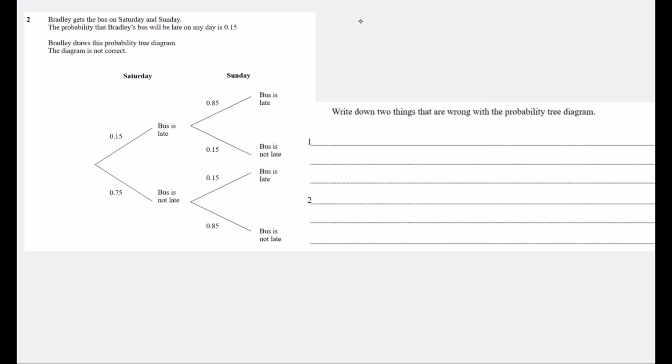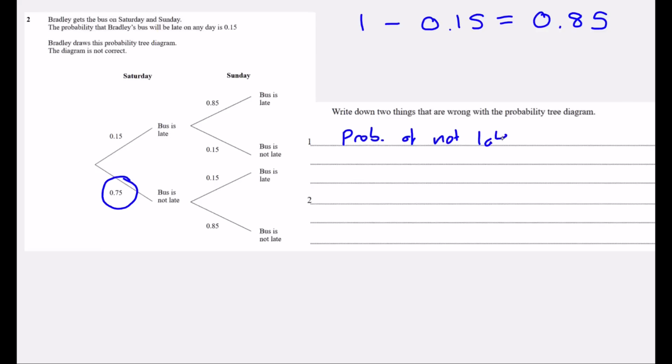So the probability of being late is 0.15. The probability of not being late should be 0.85. The probabilities have to add up to a whole. So the probability of not late on Saturday should be 0.85.